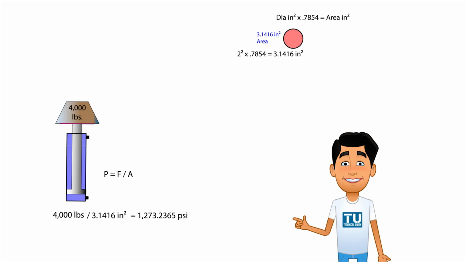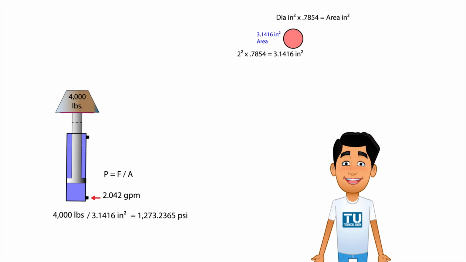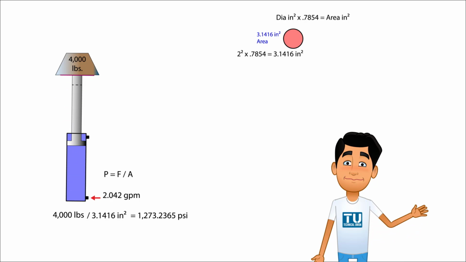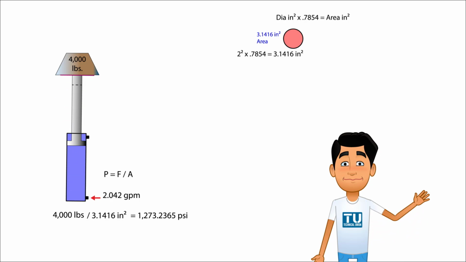If we input, say, 2.042 GPM or gallons per minute into the cylinder at a minimum of 1,273.2365 psi, then the cylinder will extend and lift 4,000 pounds.